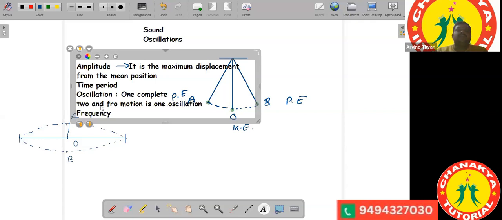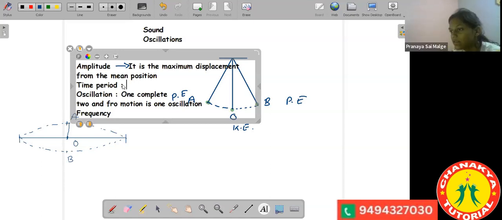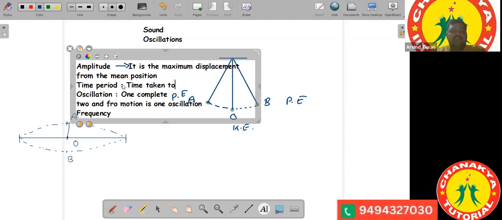Okay. Then we discussed about the time period. Anyone? Pranaya, what is time period? The time period is basically the time taken for the object to make one oscillation. Okay.